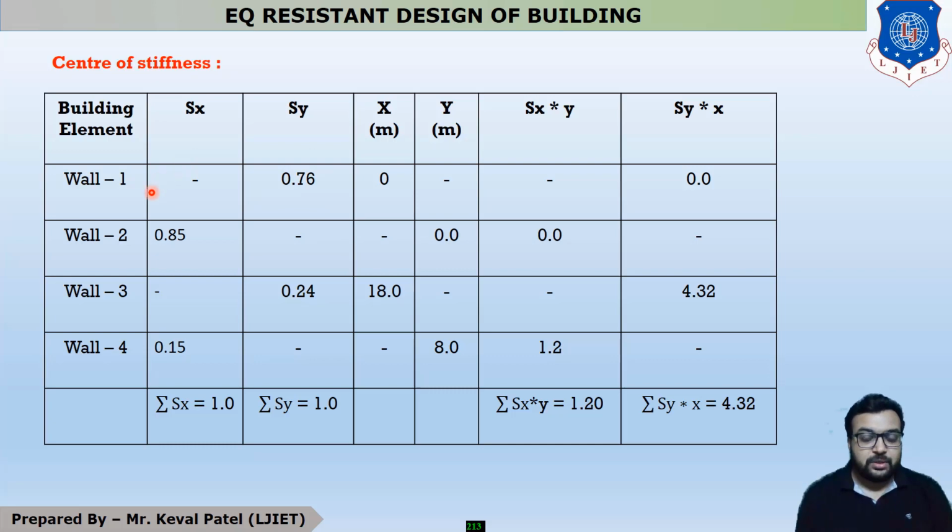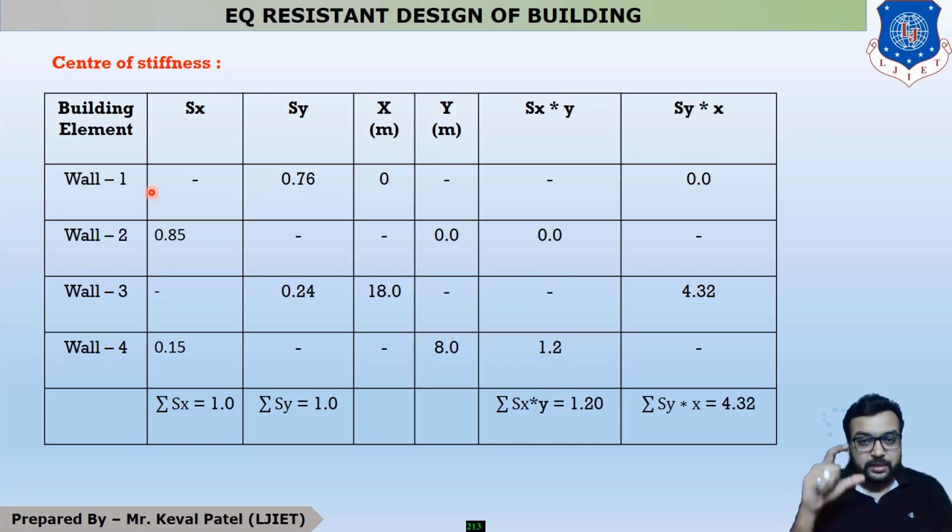Now you all know that a y direction wall takes the load of x direction. A y direction wall never takes load of y direction, because that is axial load. All the load is taken as perpendicular load.